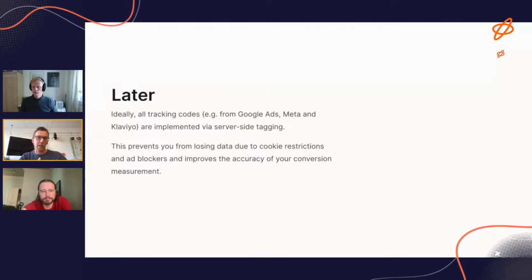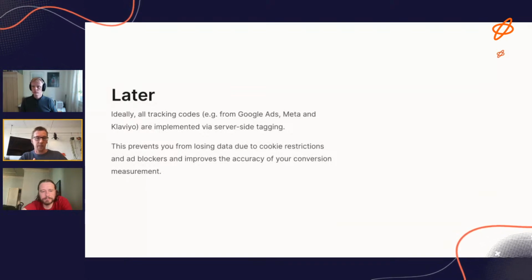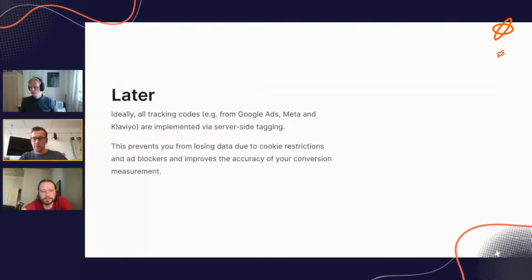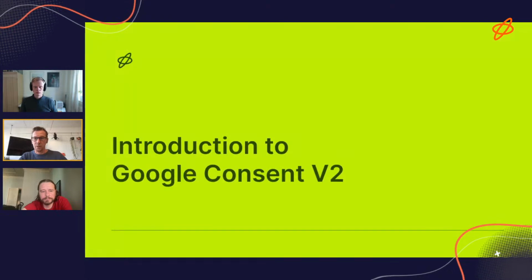But seeing the cookie landscape change, it might be worth diving into server-side tagging. Because that enables you to actually keep collecting the data that you do now, even when some browsers will block third-party cookies. So it's not a magical thing that creates more data. It's just a different way of doing what you do now in a changing landscape. Later, a bit more about that.